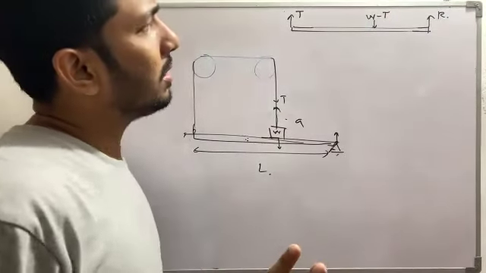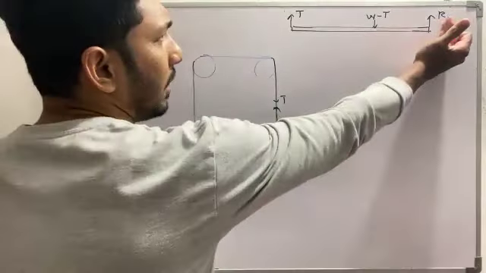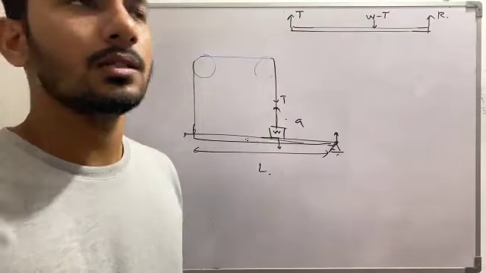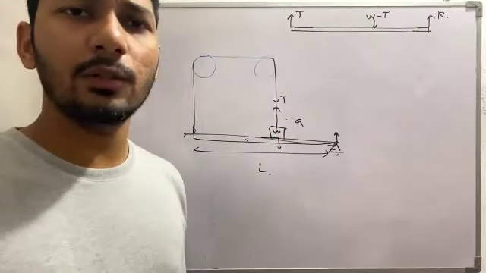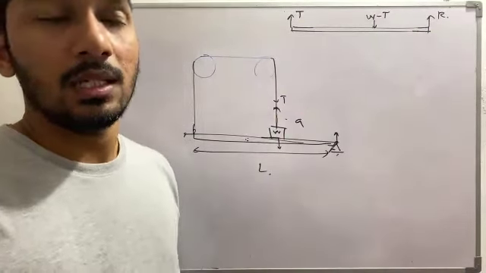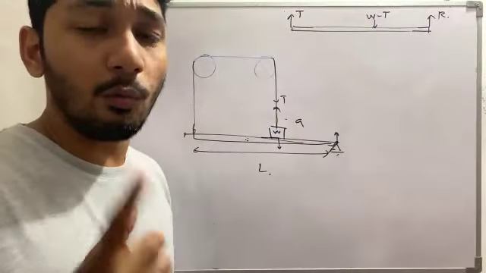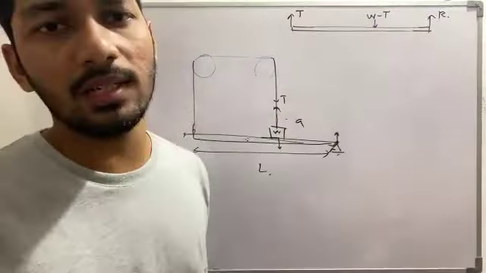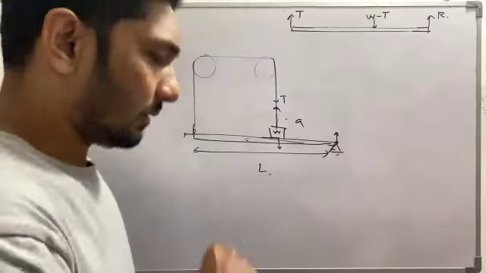Now I have to find R. I don't know about R, and I don't know about T also. If I'm going to make an equation for T in terms of what is given, then I should avoid R, right? Because R is not given. R is the question.